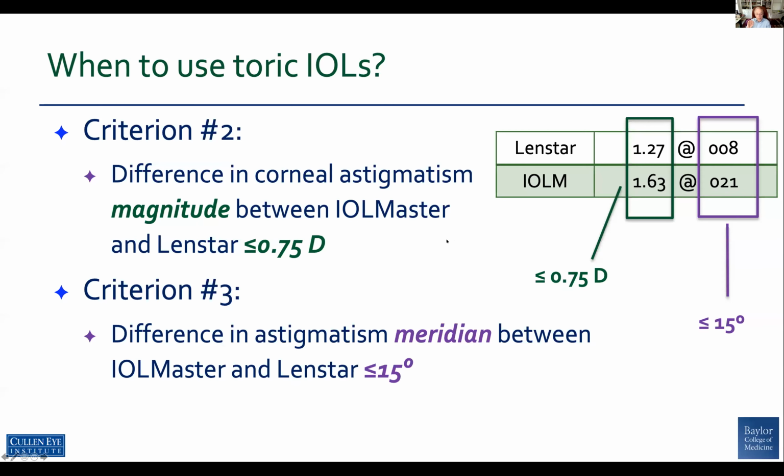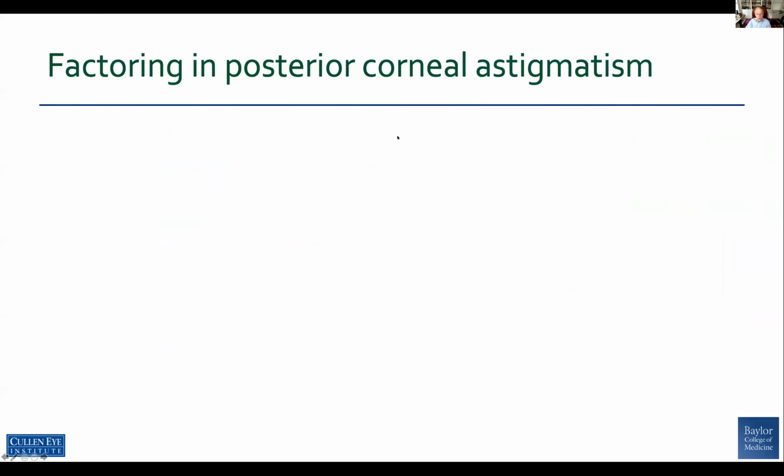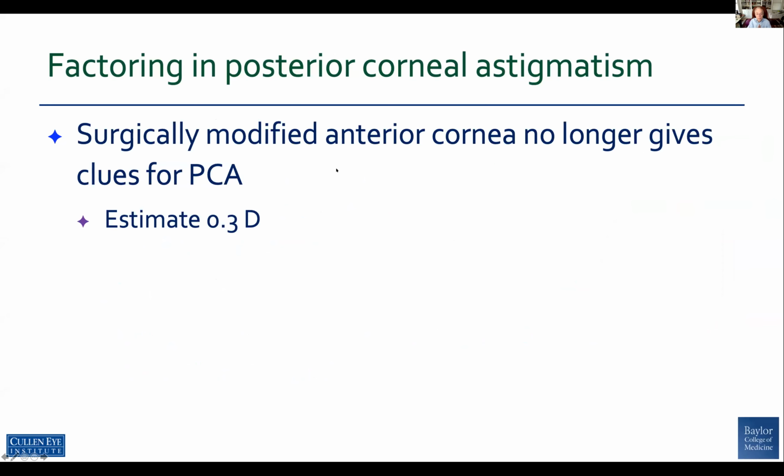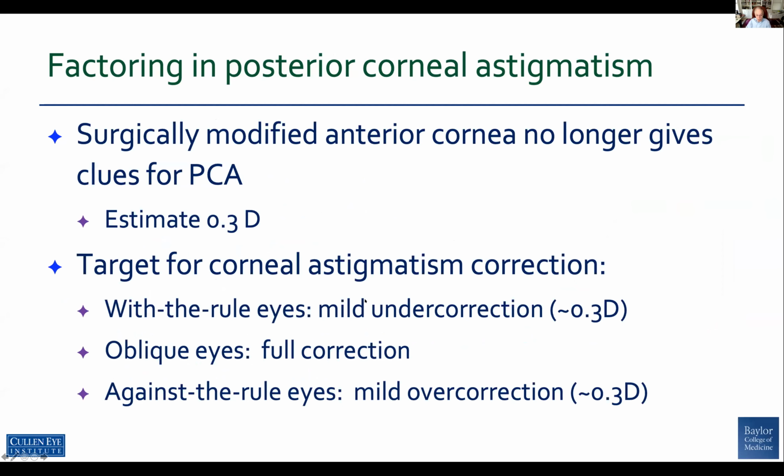If those eyes met all three criteria, the way I factored in the posterior corneal astigmatism on these eyes was, since the anterior cornea doesn't tell you what the posterior corneal astigmatism is, I estimated it at 0.3 diopters with the rule, and the target was to mildly overcorrect eyes who had with-the-rule astigmatism, full correction of oblique astigmatism, and mild undercorrection if they had against the rule. In other words, leave them with a little bit of with-the-rule. And if they're against the rule, mildly overcorrect them.